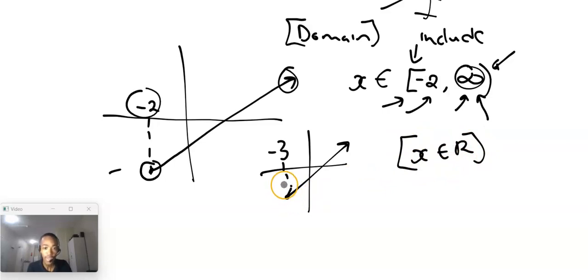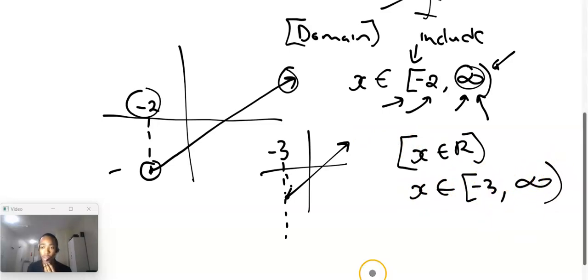Instead, the function ends here at this point, right? So meaning x, in this case, an element of -3 to infinity, right? So this is the domain of this function here. Then the domain of this function here will be -2 to infinity. So take note of these small things right here.